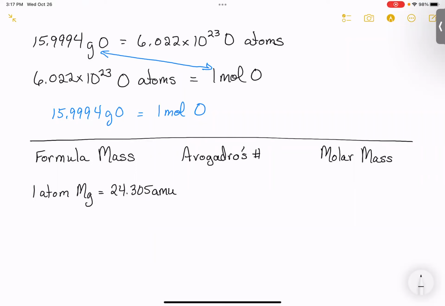That is its average atomic mass. Now, if instead of having just one, you take it up to 6.022 times 10 to the 23rd of them, then 1 mole of magnesium is going to weigh 24.305 grams of magnesium.